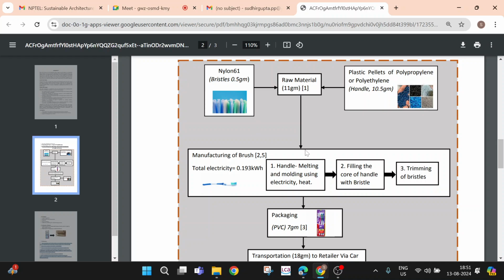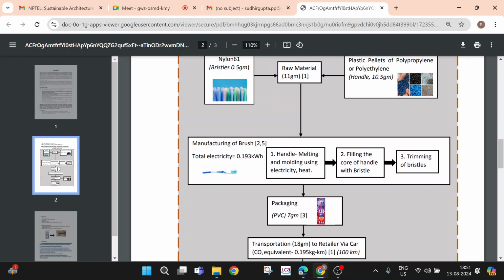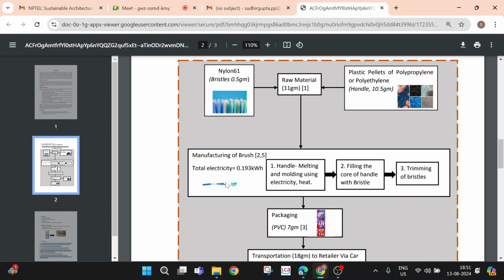It is also calculated that if we are using 1 kilowatt hour for producing 100 or 200 toothbrushes, then based on that you can determine the energy consumption for production of one single toothbrush. It came out to be 0.193 kilowatt hour.